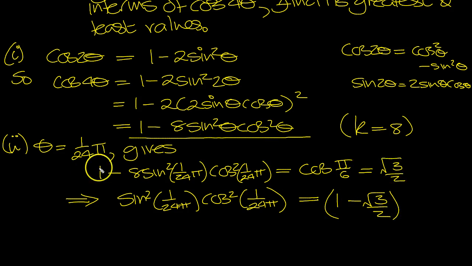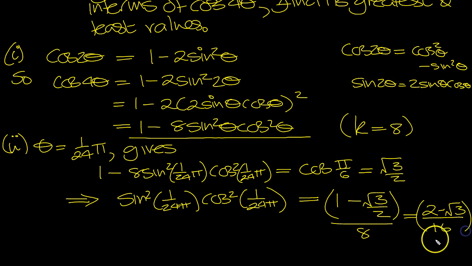So we moved that over there. We move the 8 sine squared cos squared over here. So there's an 8 in our mind's eye here, and divide by 8, which is equal to 2 minus root 3 over 16. Times the top and bottom by a factor of 2, isn't it, to get this. 2 minus root 3 over 16 is the exact value of this thing here, which is what we were asked to calculate.